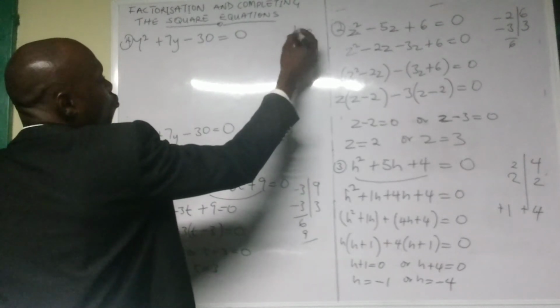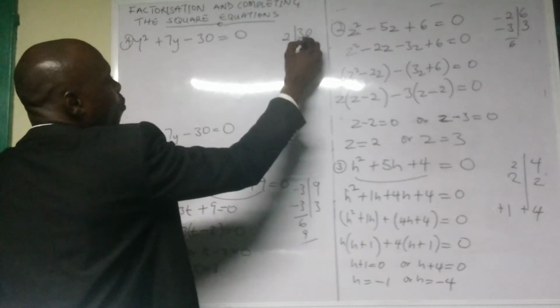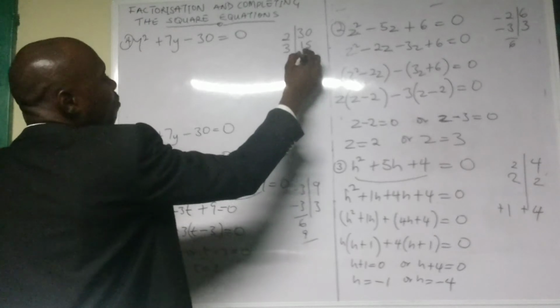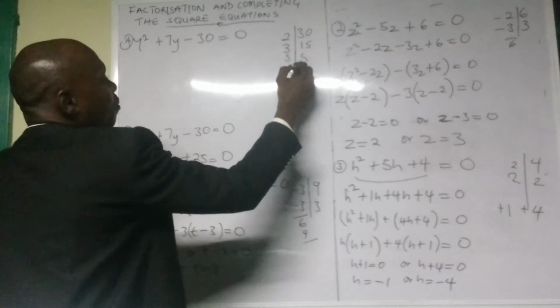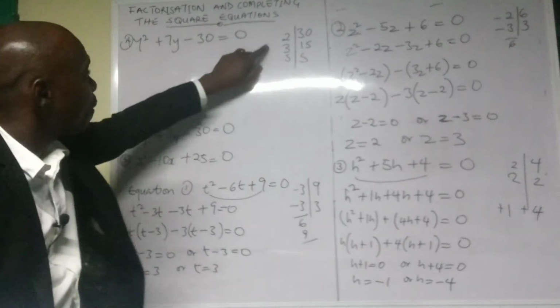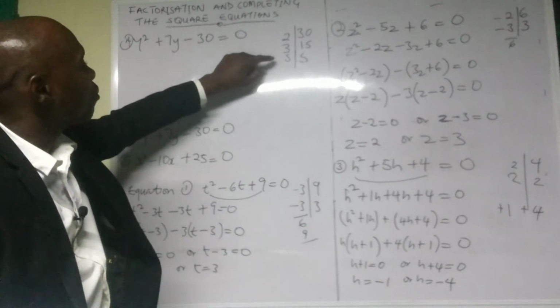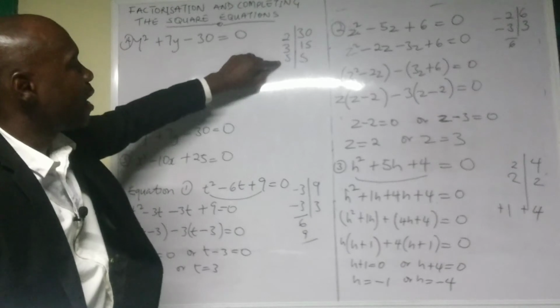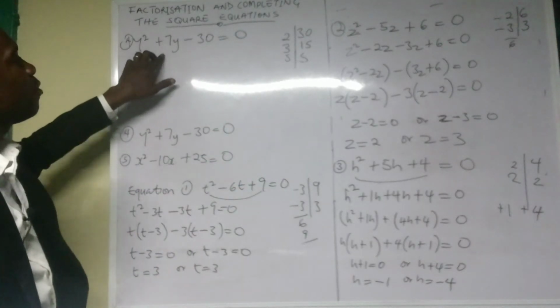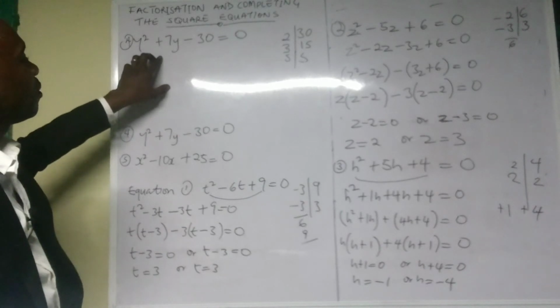Let's use 2 first. 2 in 10, 5. Let's use 3. 3 in 15, 5. 5 in 5, 1. So if you multiply these things together, all this together is going to give us 30.